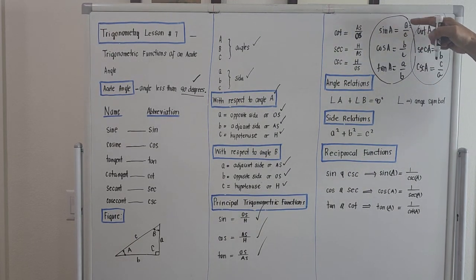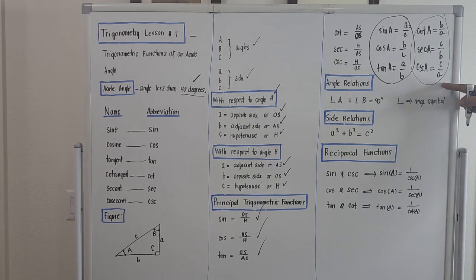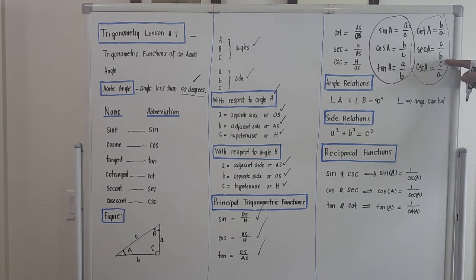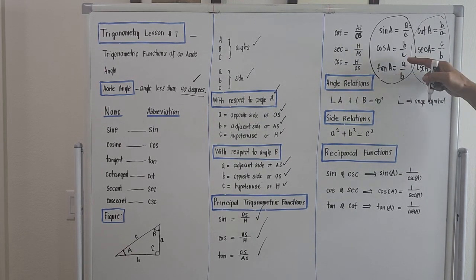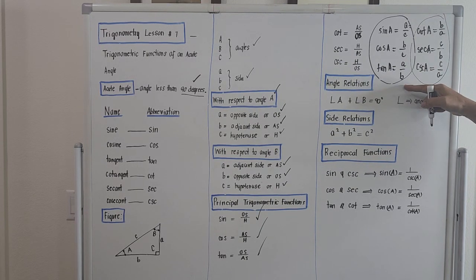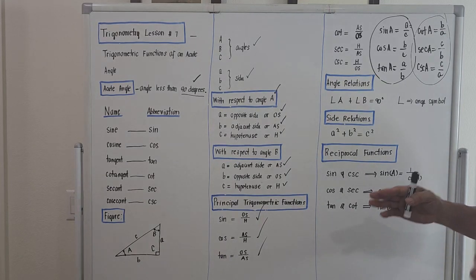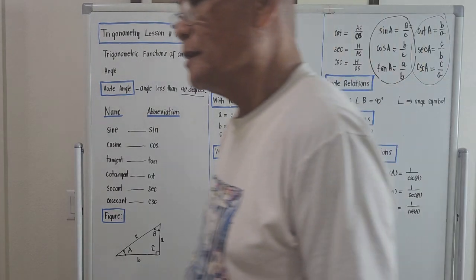So if sine is A over C, cosecant will be C over A. If cosine of A is B over C, since they are reciprocal, secant will be C over B. And for tangent, if tangent is A over B, cotangent will be B over A. This is the basic foundation of the definition of trigonometric functions under the study of trigonometry.